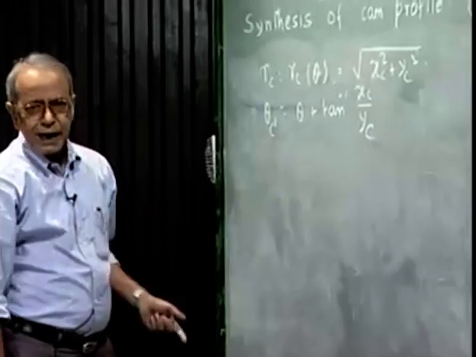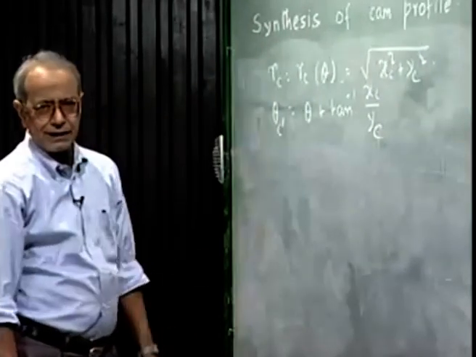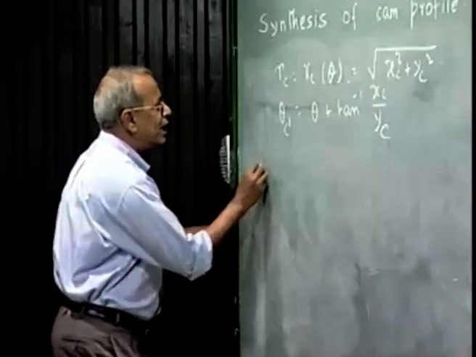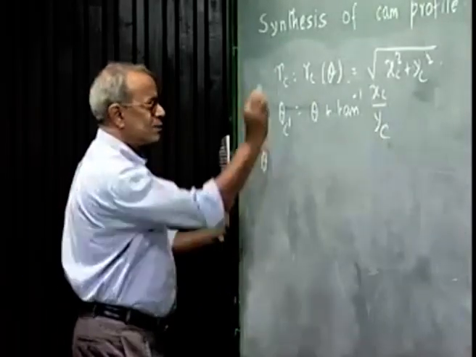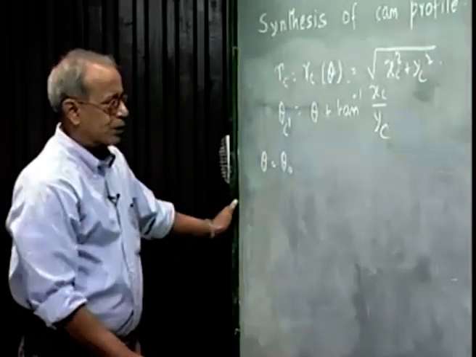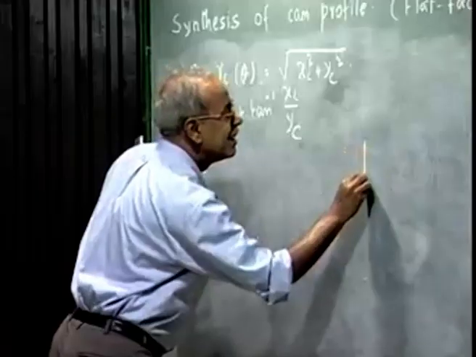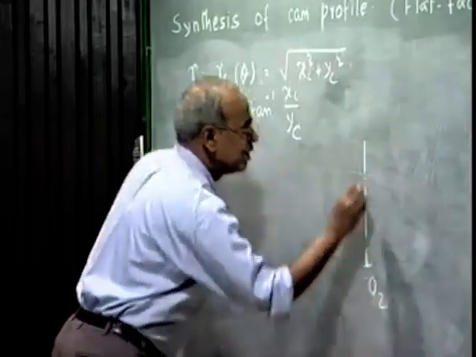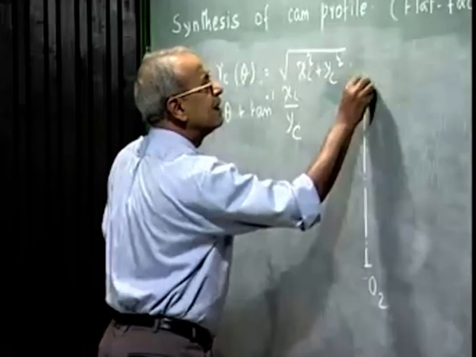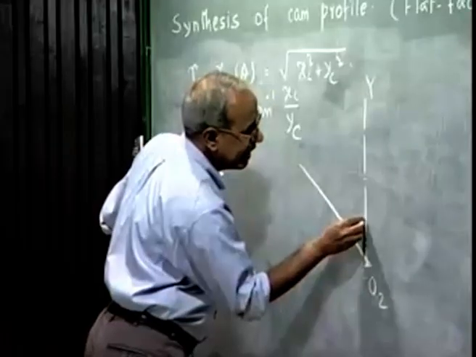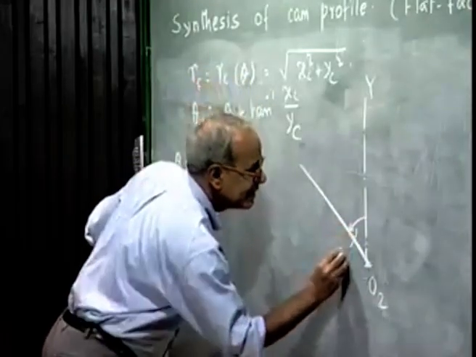And now to draw the cam profile after getting this series of values, I can decide that I will draw the cam profile when the cam has rotated by an angle theta 0. So, what I do, I take an origin which is O2, draw a line which is vertical, then draw a line at an angle theta 0.